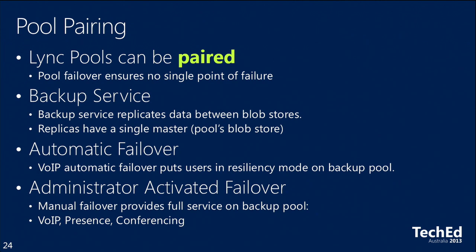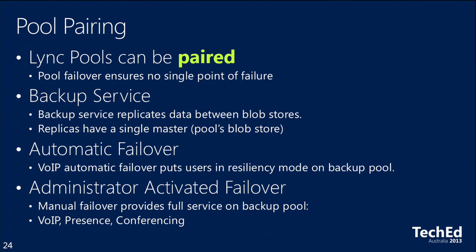As we mentioned, there's both automatic failover. Automatic failover occurs for the voice workloads. During that, users will go into resilience mode, and they'll have voice functionality during that failover process. We also have the concept of administrator-activated failover. So to pull users out of resilience mode and permanently home them on that backup pool and restore essentially full functionality, you have to push the button to activate.